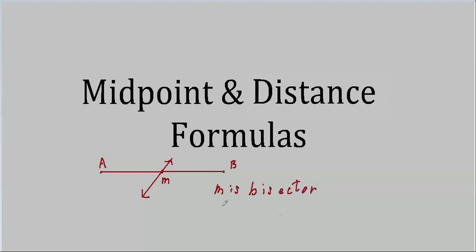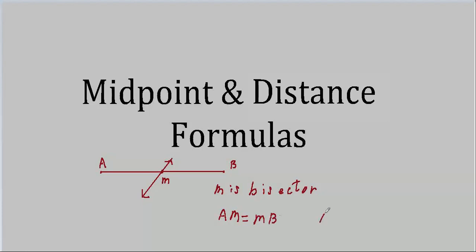M is a bisector. That automatically means that AM, this is the length of AM, equals the length of MB.